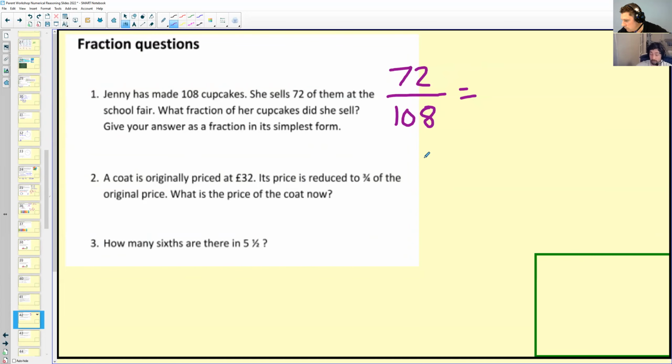Sometimes it can be as simple as saying, well, hang on, both of these numbers are even, therefore I can halve them. So I'm going to end up with 36 and 54. That may then lead me on to slightly easier numbers. Both of these are in the 6 times table, so that'll give me 6 and 9. And suddenly I'm on the homeward stretch where it's much more manageable.